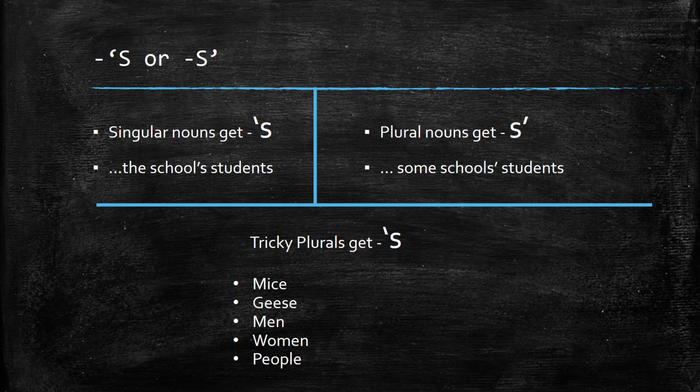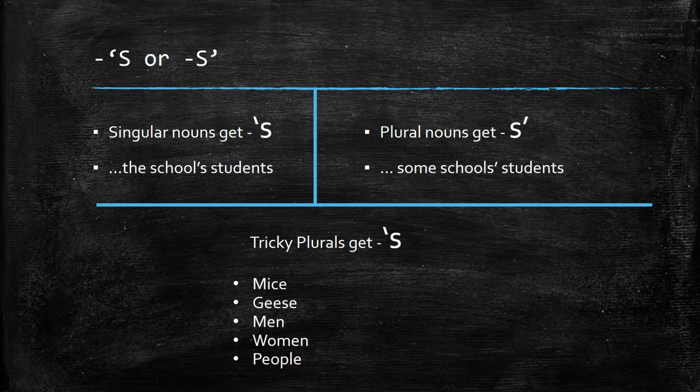You know, we already learned that apostrophes do not show whether a word is singular or plural by themselves. So that word schools, we don't know whether that's singular or plural just by looking at it. So remember, you always have to find another word somewhere in your sentence that will indicate whether, in this case, the word schools is singular or plural.